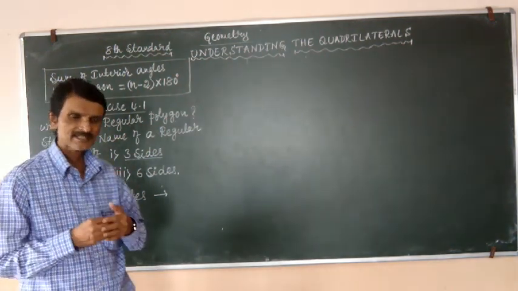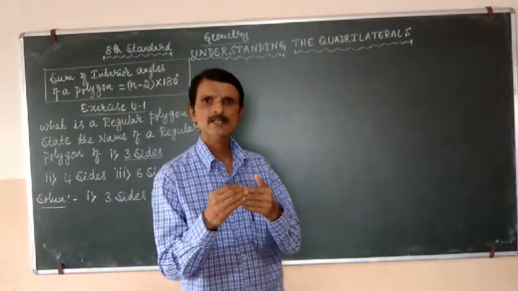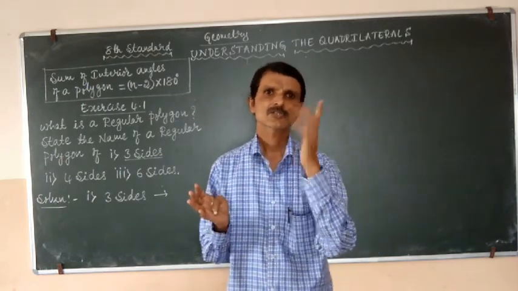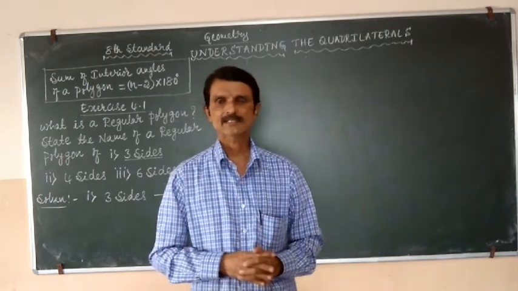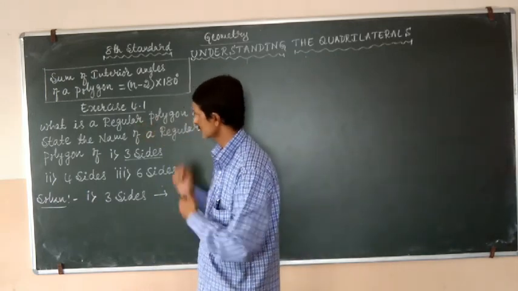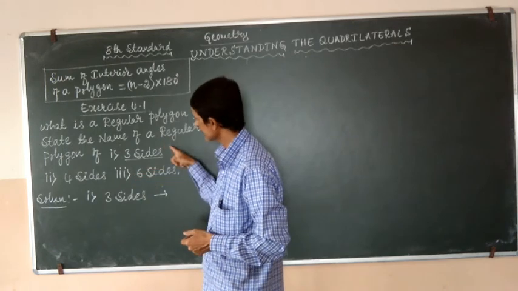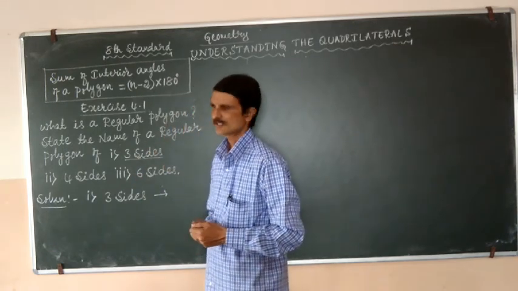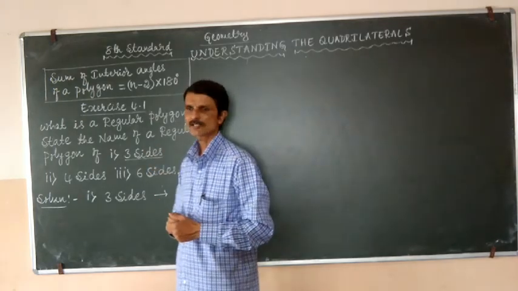We know that the polygon having 3 sides is a triangle. In this problem, it should be a regular polygon.